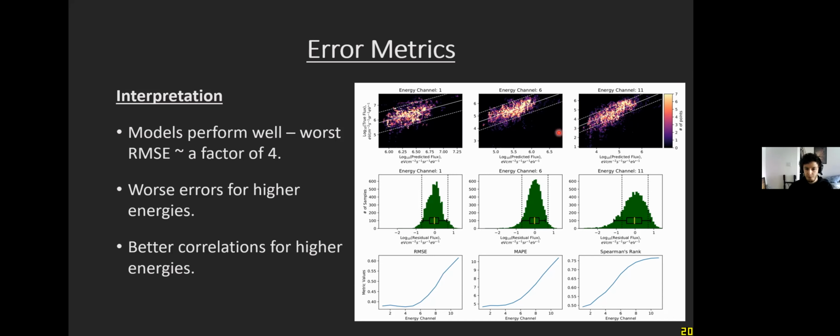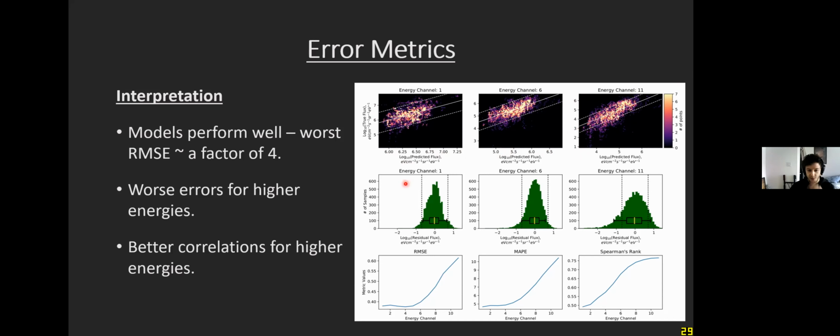And we can see that almost all of the time we're within a factor of 5, which is good. And we can see that we get worse at the higher energy channels, but that's not wholly unexpected given that this is significantly more variable. There's 4 orders of magnitude here compared to only 2 orders of magnitude for the lowest energy channels.